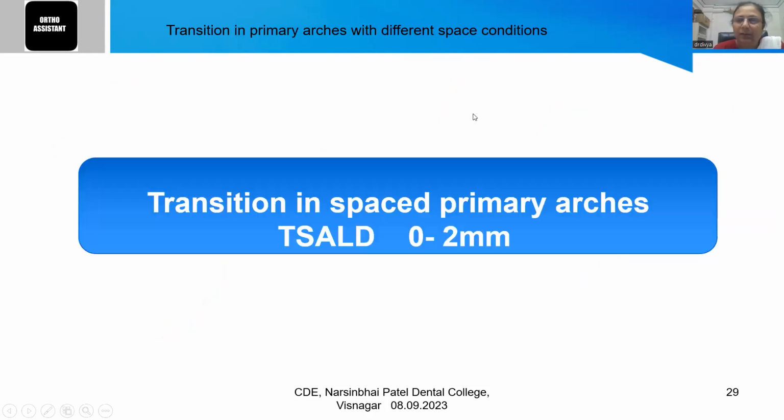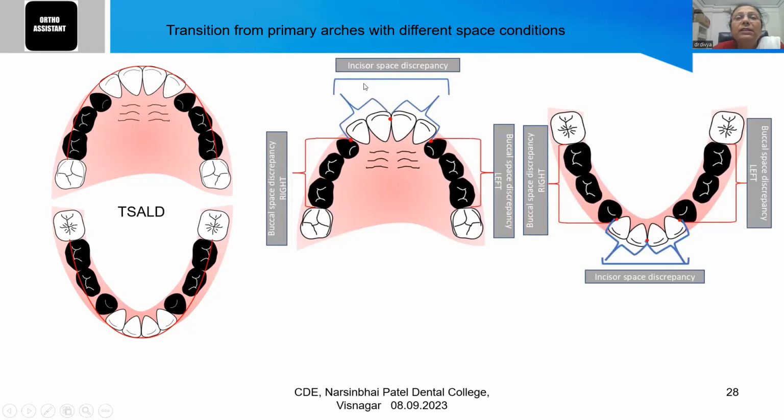Incisor liability is, in many places, written as space available minus the mesiodistal width of the permanent incisors. Other places, it is written as the difference of the mesiodistal width of the primary and the permanent tooth. So there are two contradictions.